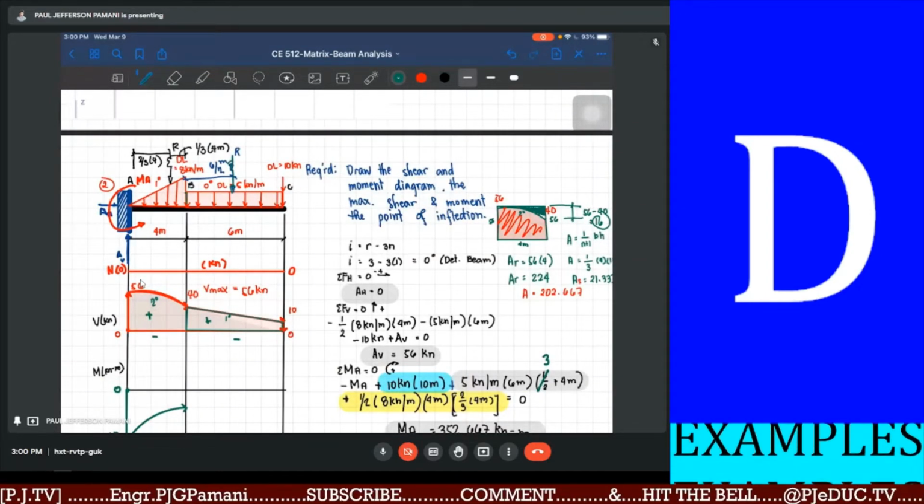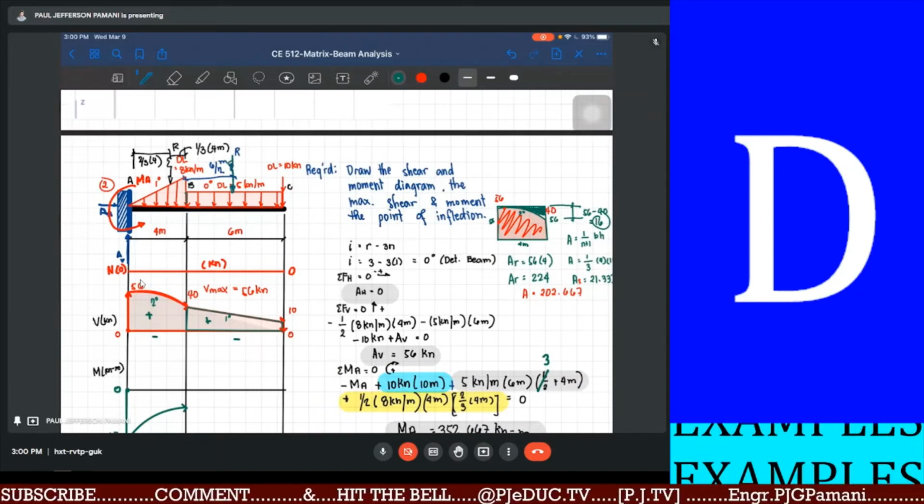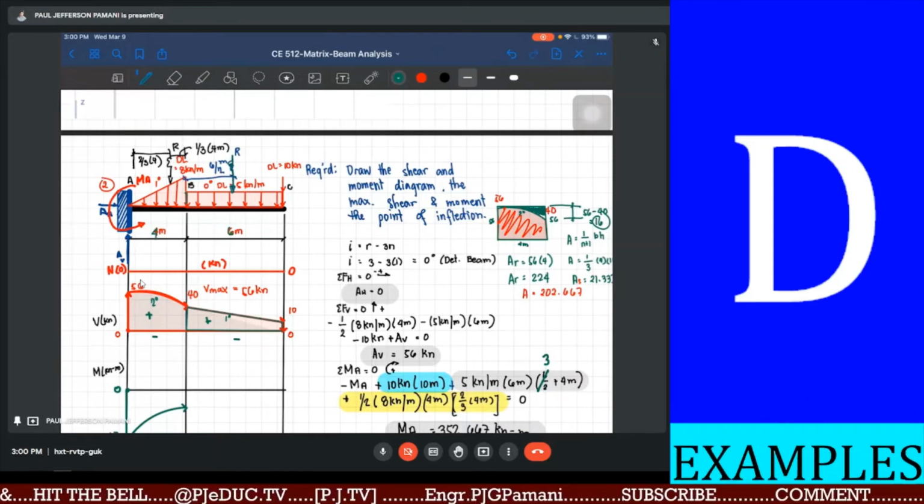Rectangle. Anong centroid ng rectangle? On center. So, center ng 6 meters is 3, plus yung moment arm na 4. So, bali 7 meters.